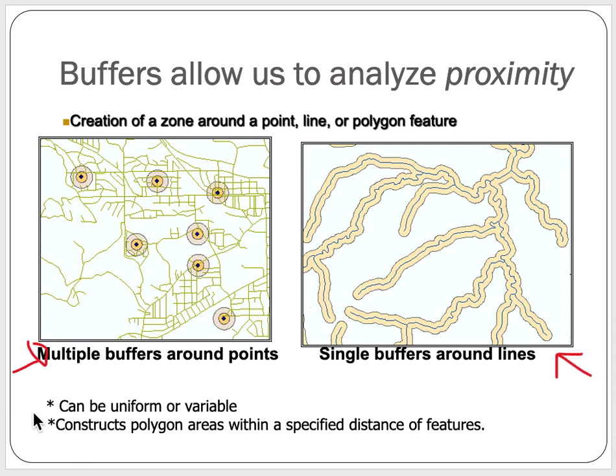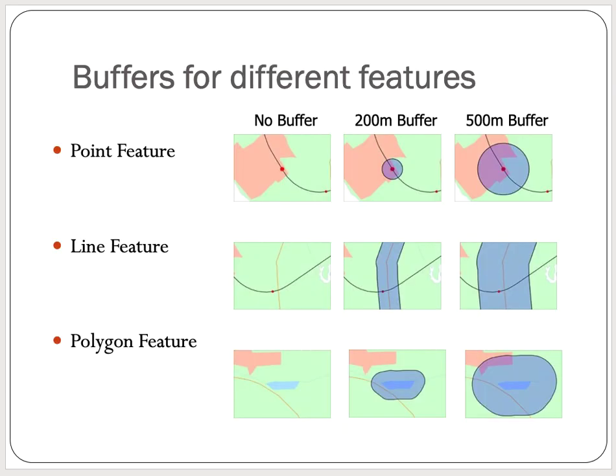And these can be uniform or variable, and you can construct polygon areas within a specified distance of features. So these are buffers for different features, for the point feature, line feature, and polygon feature. And again, when we are talking about point, line, and polygon, these are all vector features.